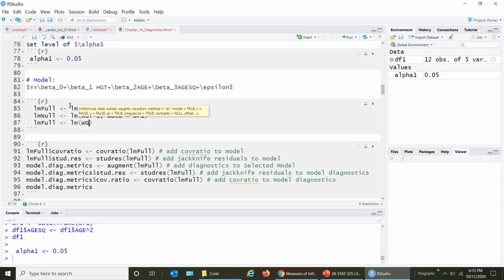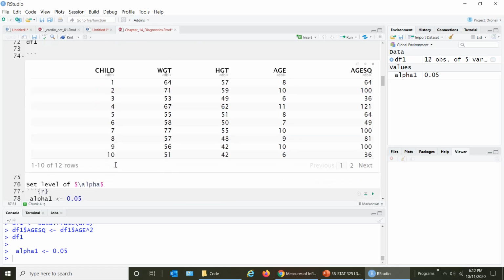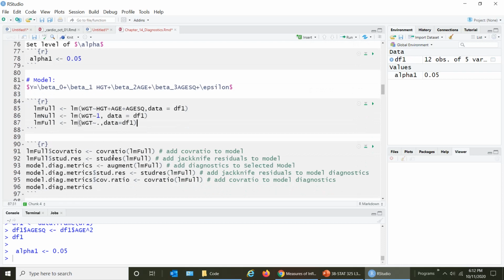We could write WGT and then the tilde, and then we could put a period, and then data equals df1. The problem with our data set is that we have this variable child in there, and we don't want to analyze it because it's just a number from 1 to 12, so it's certainly not going to be predictive, we hope, of the output.